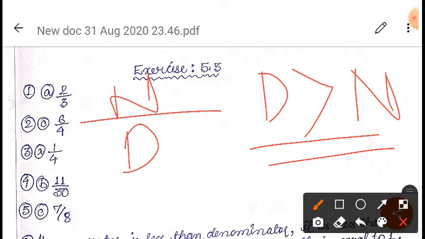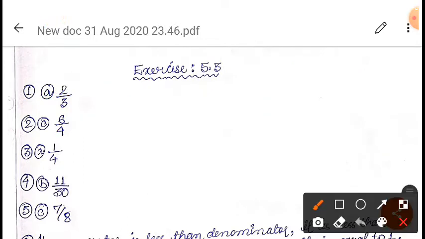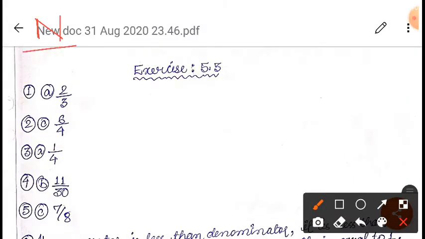Okay, means what? If the denominator is big, I will give you one example. Suppose 3 by 4, numerator and denominator. So to become a proper fraction, the denominator should be greater than the numerator.